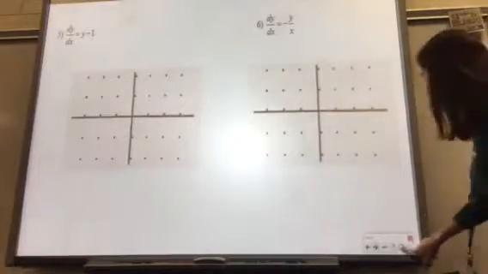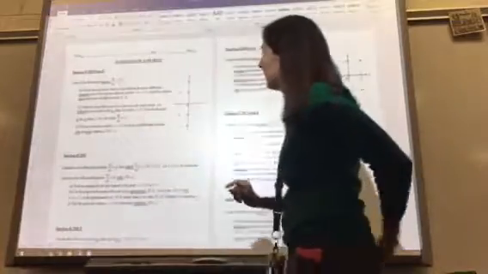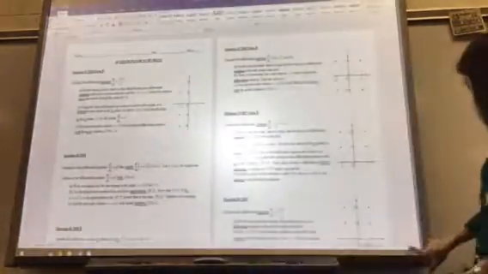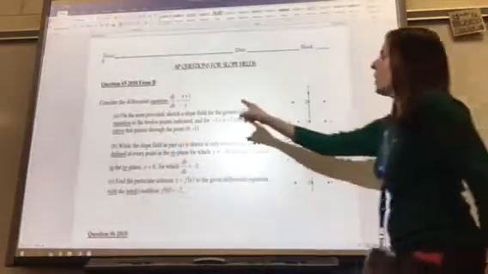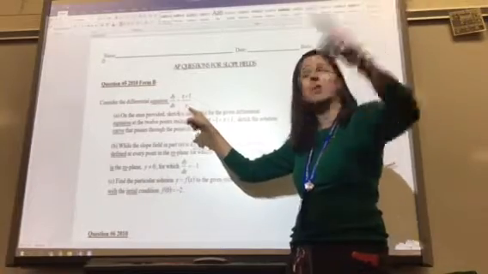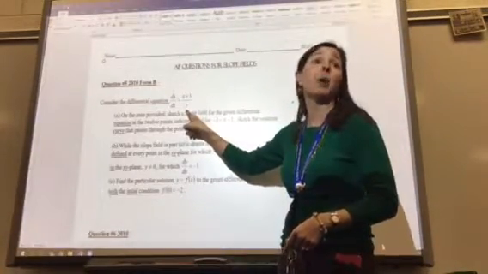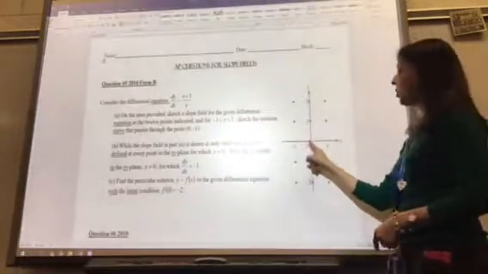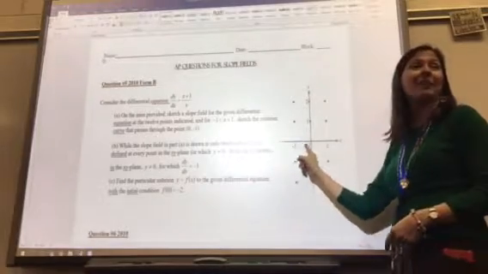And Connor, on the AP exam, they are very sly. You see how this differential equation divides by y, very similar to number 6. Anytime my y is 0, notice it's undefined. You see how they don't put a dot on any of those?